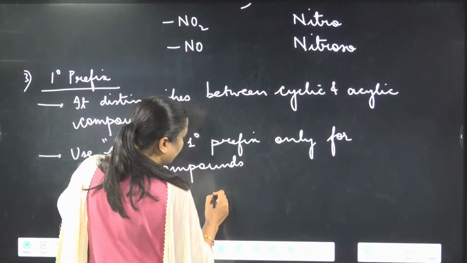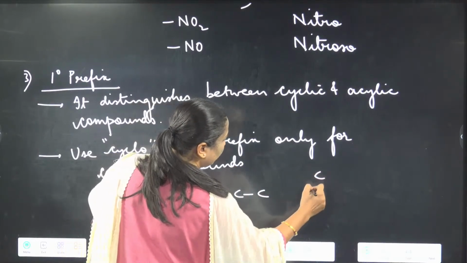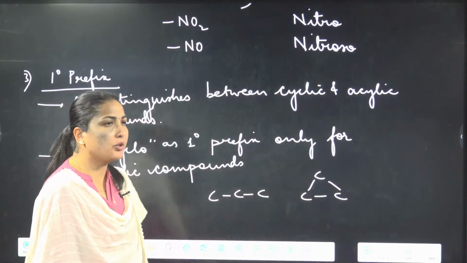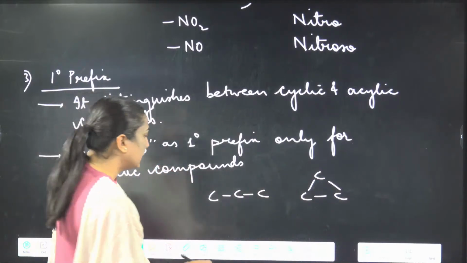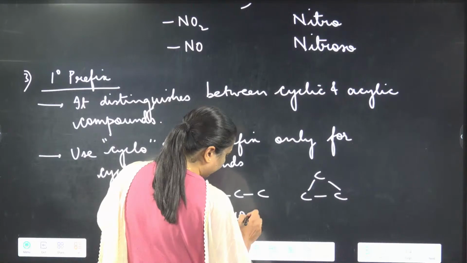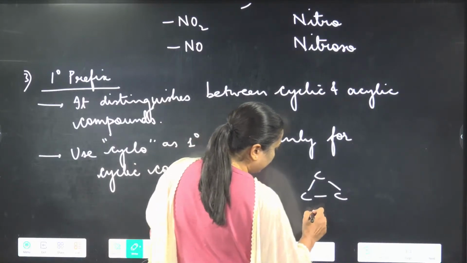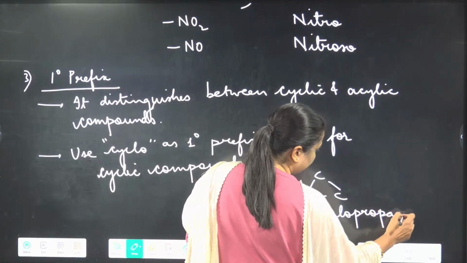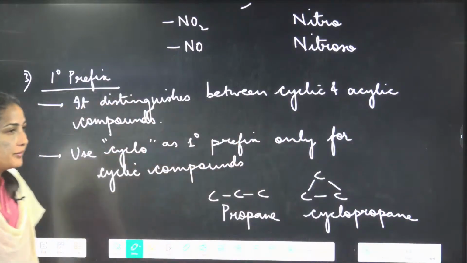That means, suppose if I write something like this, I can also make a ring out of this. So this is propane, and this is cyclopropane. This is to distinguish between them. Clear about it?